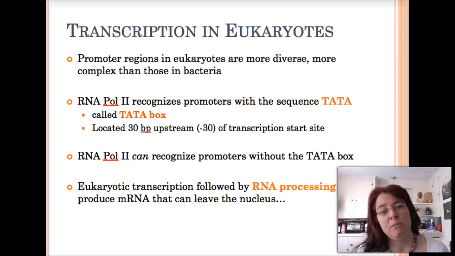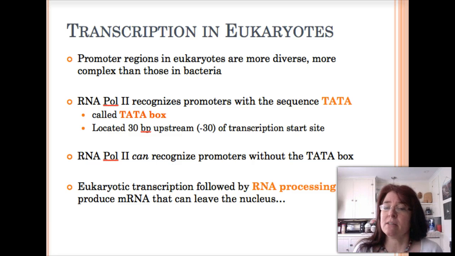Another thing to make note of when we make comparisons between bacterial organisms and eukaryotic organisms is the promoter regions. The promoter regions in eukaryotes are much more diverse and also more complex. Remember, we said in bacteria we typically encounter a -10 box and a -35 box. Well, RNA polymerase can recognize a particular promoter that has a sequence of TA-TA, known as the TATA box, and this is 30 base pairs upstream, or -30 from the +1 transcription start site.